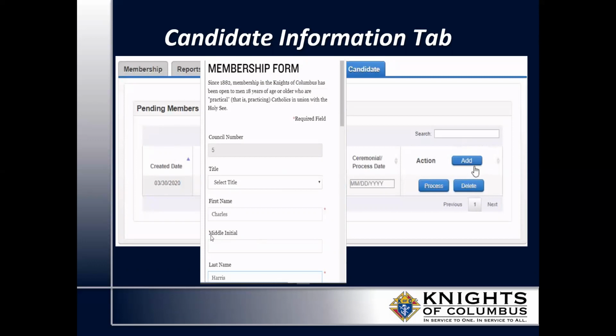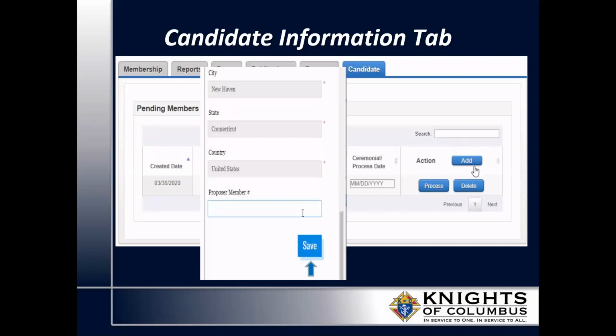This form will have all the information that is on the Form 100. It's a couple of pages down. You have to page down and fill in all the information. And once that information is in, you would press the Save button.